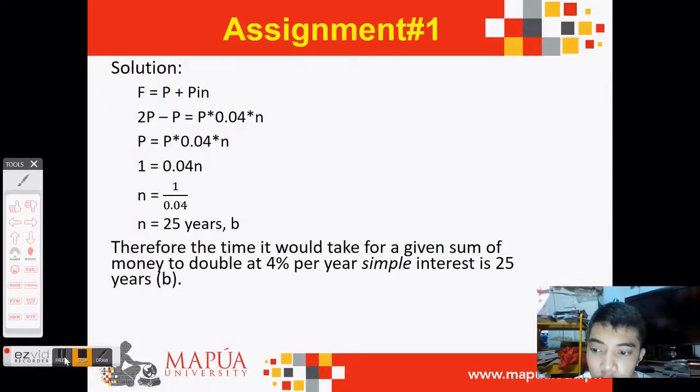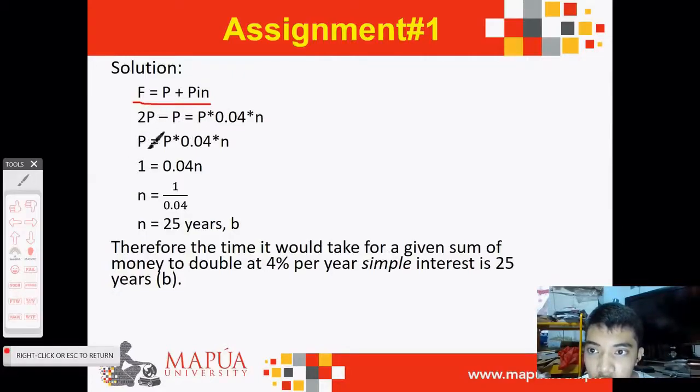Solution. Substituting the values to the equation, we have F is equal to P plus PIN. Then transpose P, we have 2P minus P is equal to P times 0.04 times the number of years.